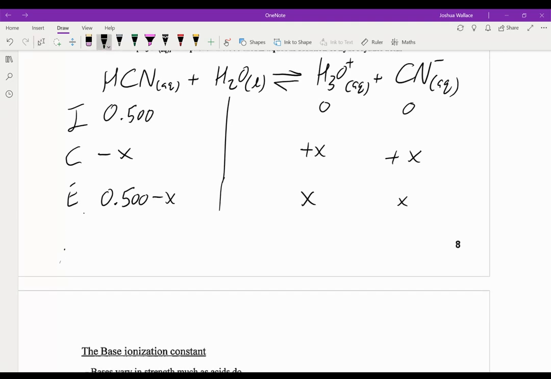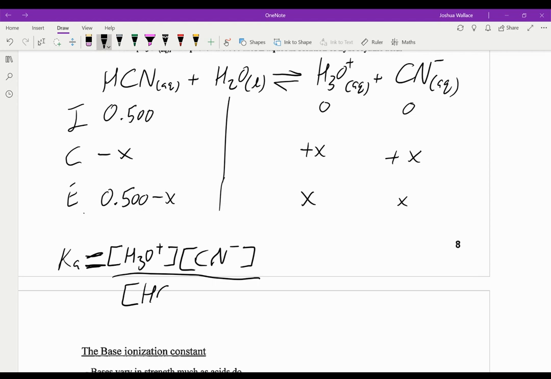So what happens is my Ka value is H3O plus times CN minus over HCN, like so.